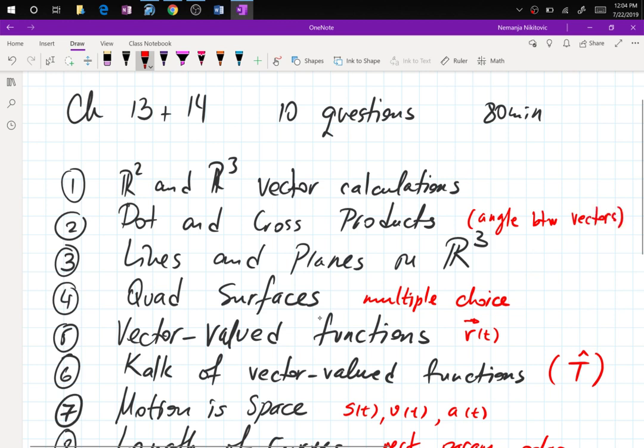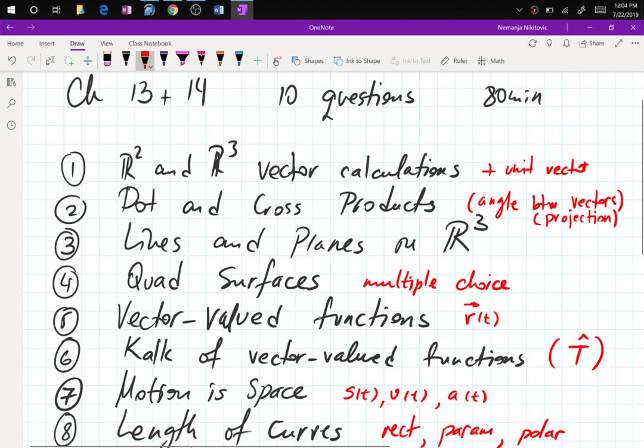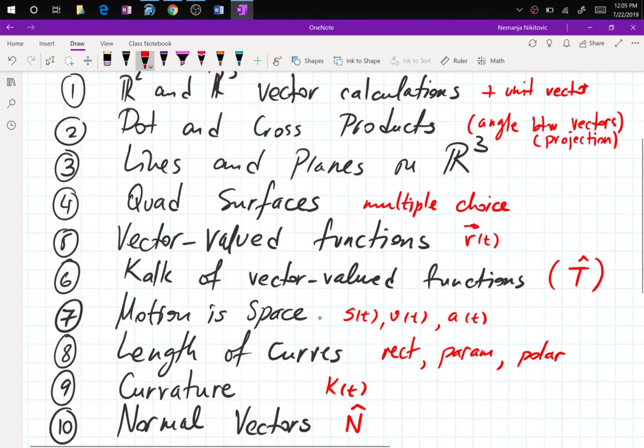And then R2, R3 calculations. Are you able to add and subtract vectors? Are you able to scale vectors by multiplying by a number? Can you find a unit vector? Right? So that's another one of these. So I think this is it on the list. Now look at this. Wow, the list has 10.